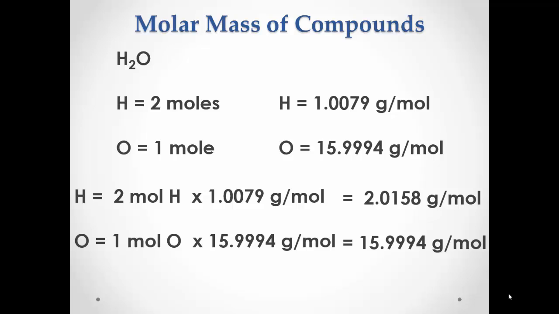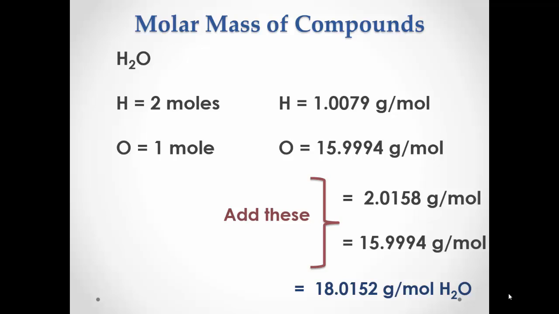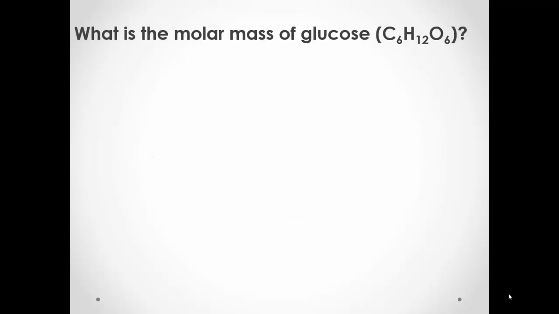The total molar mass for oxygen is 1 mole times 15.9994 grams. This gives us a total mass of oxygen of 15.9994 grams in 1 mole of water. Adding all the elements together gives us the molar mass of the compound, which in the case of water is 18.0152 grams per mole.